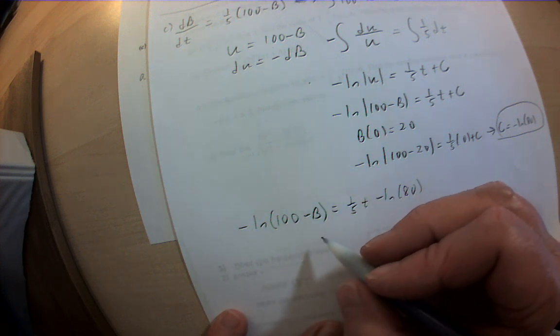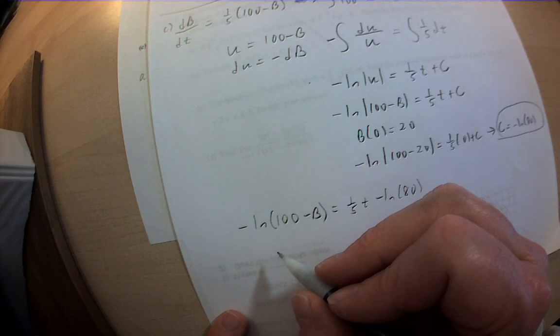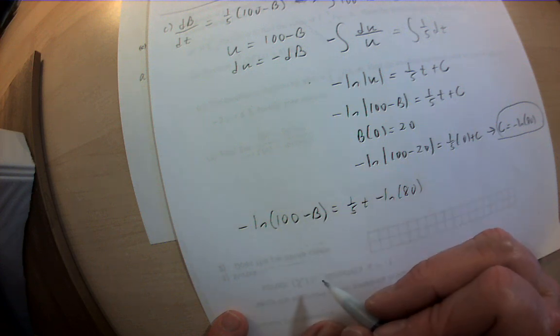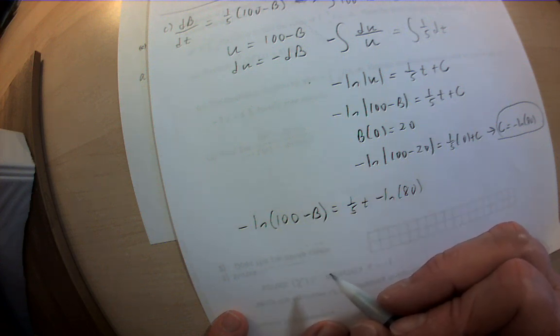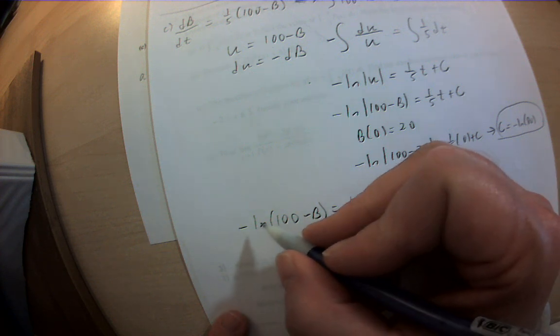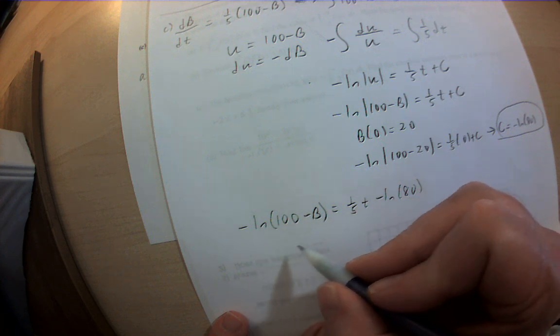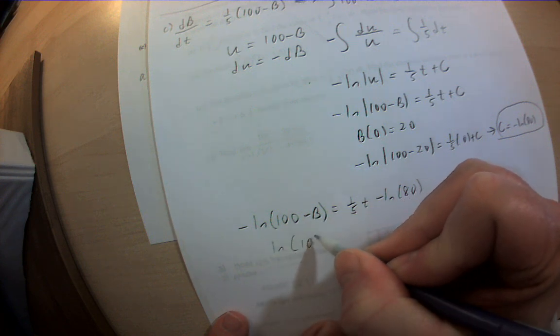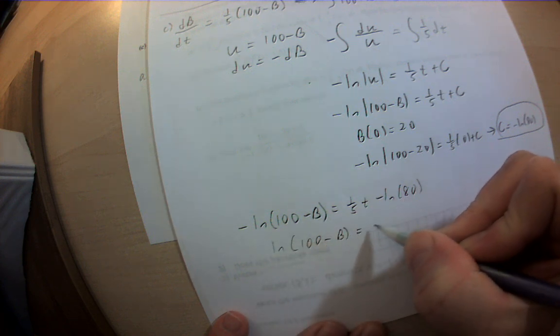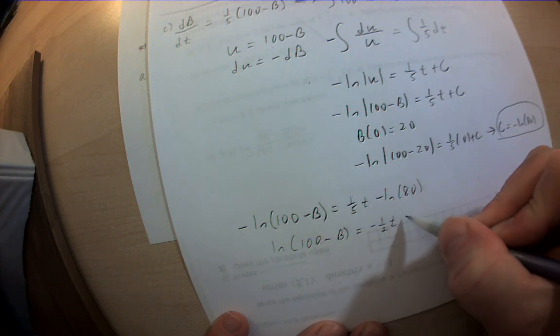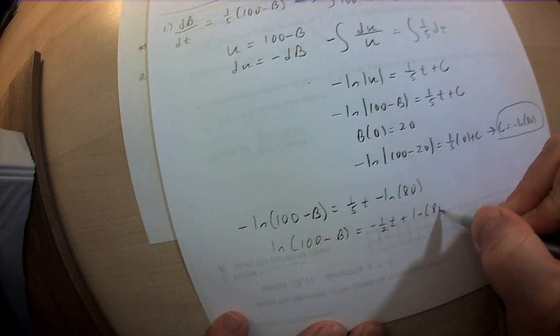This is the last point, so I'm going to raise both sides to the exponential power. Actually, guys, I'm going to divide by -1 first. So natural log of 100 minus b equals -1/5 t plus the natural log of 80.